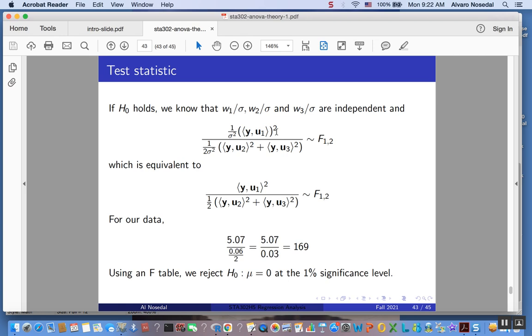And under the null hypothesis, that statistic has an F distribution. Okay? So in the near future we're going to talk a bit more about that ANOVA. Okay? Well, that's it for now.